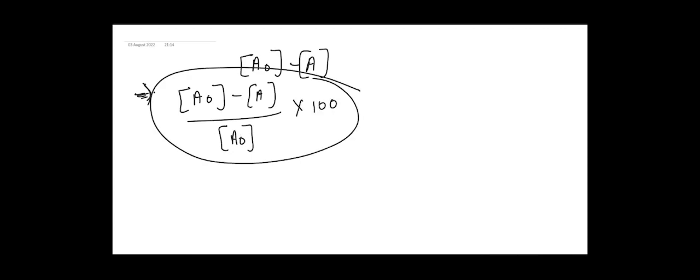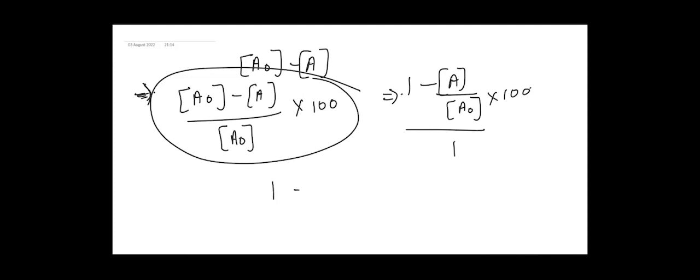Now let us further divide the numerator and denominator by A naught. We get 1 minus A by A naught, divided by 1, into 100. So we are basically asked to find 1 minus A by A naught times 100. We are doing all these manipulations just to find this ratio, because only this ratio can be found.